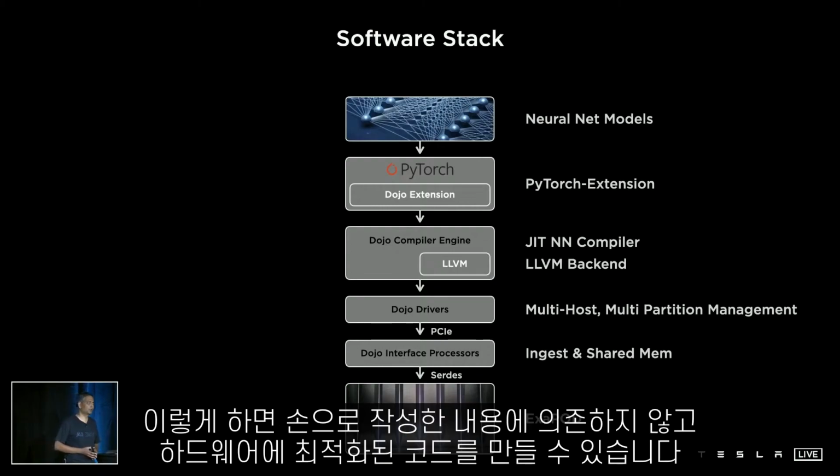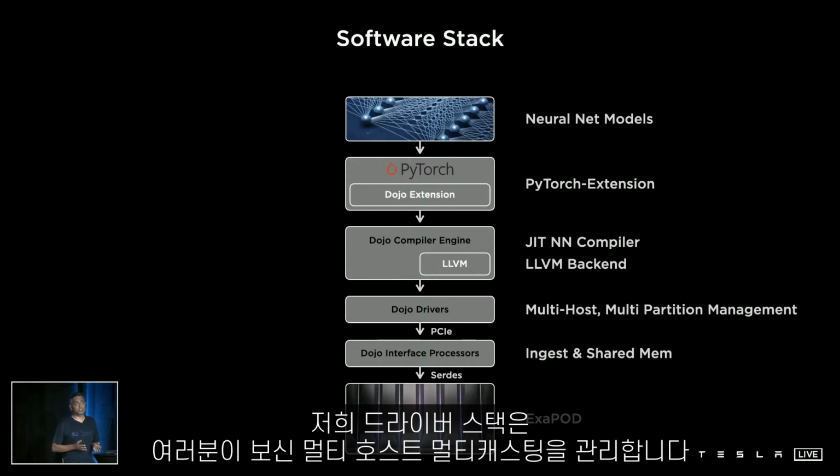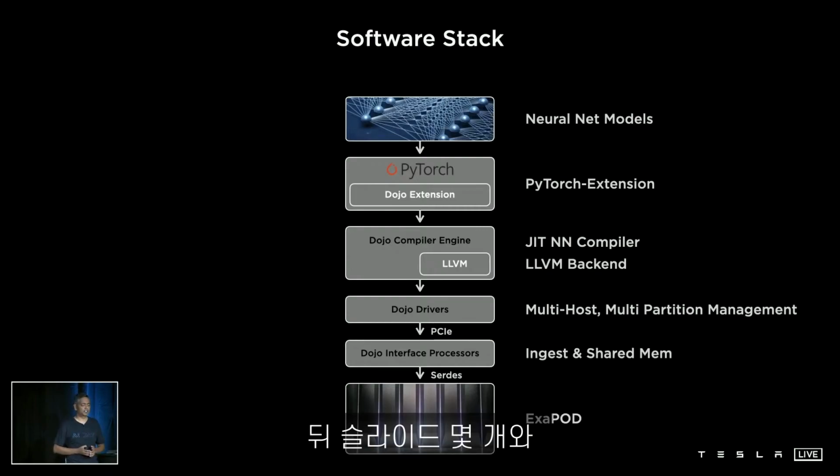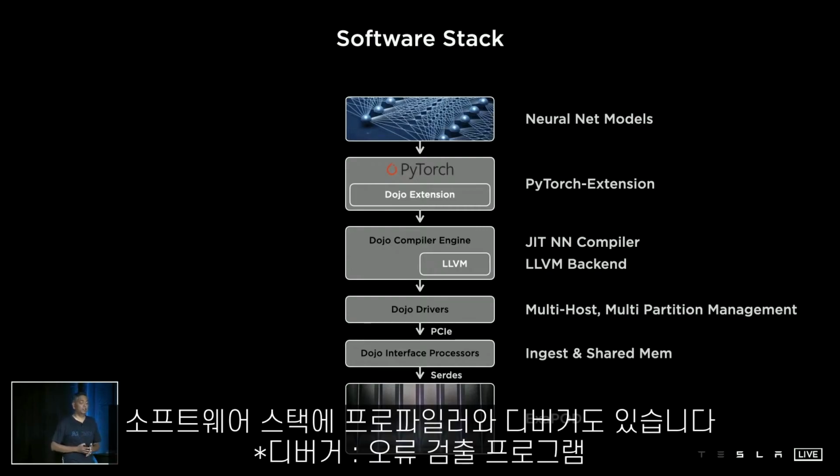And this ensures we can create optimized code for the hardware without relying on even a single line of handwritten kernel. Our driver stack takes care of the multi-host, multi-partitioning that you saw a few slides back. And then we also have profilers and debuggers in our software stack.